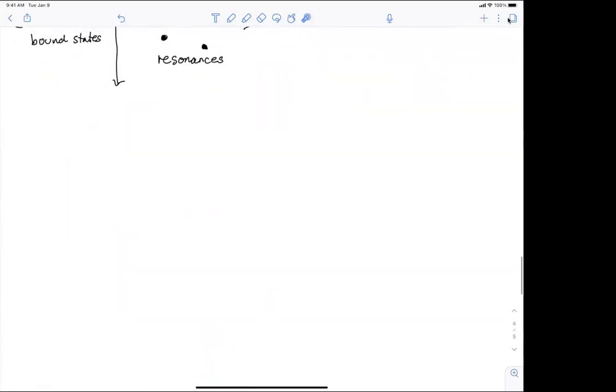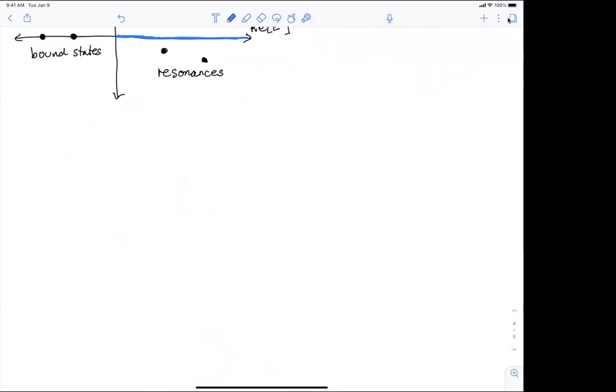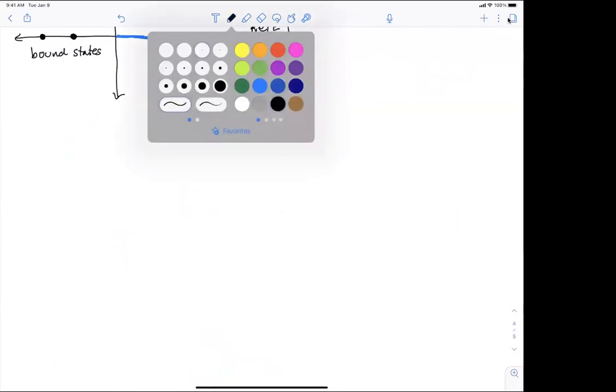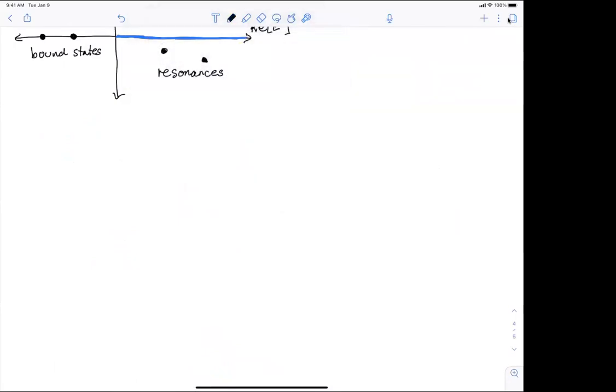All right, so let's do what I think is the classic problem that fits into this bound state resonance stuff that we've been talking about. And this is neutron-proton scattering, which has the strange feature that many quantum mechanics books don't quite do it right. And I think that's basically historical because it took a long time to figure out what was actually going on.